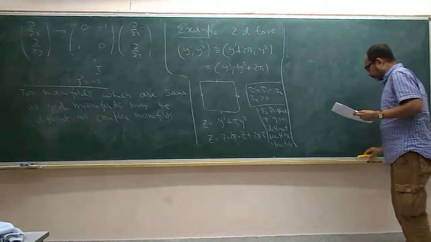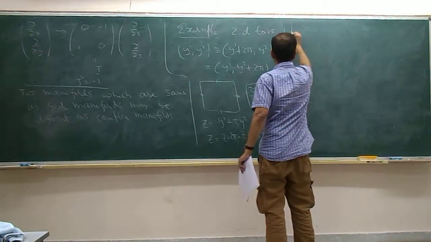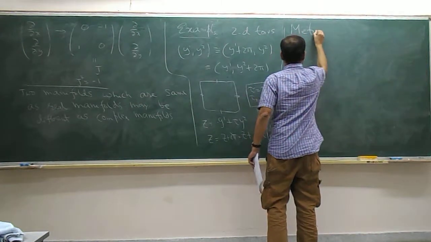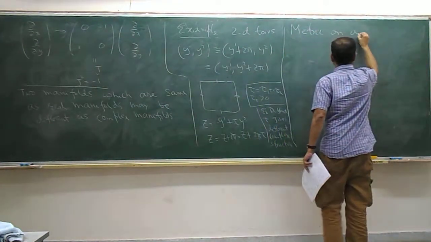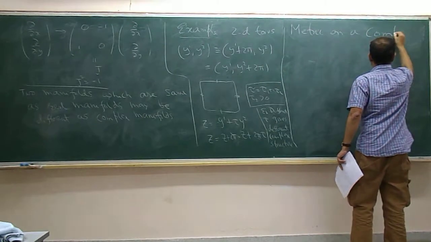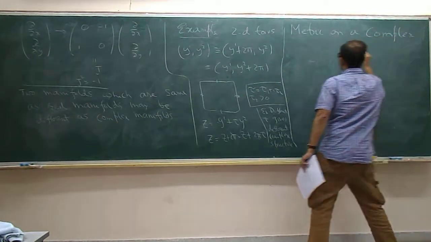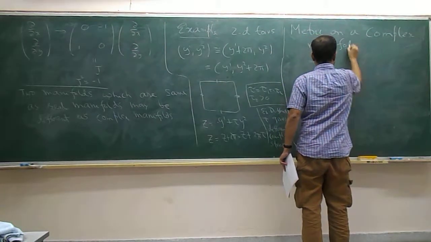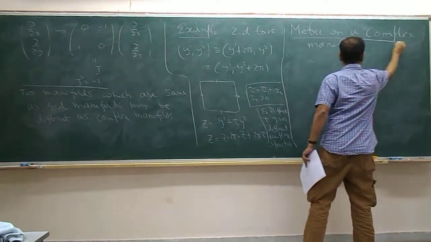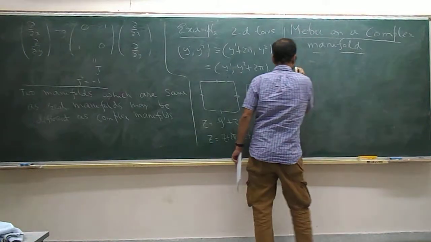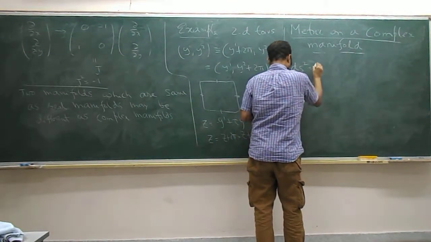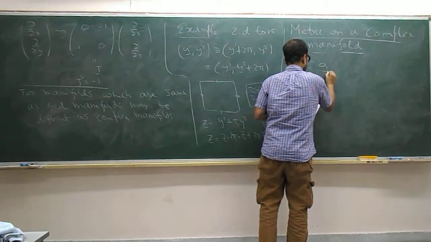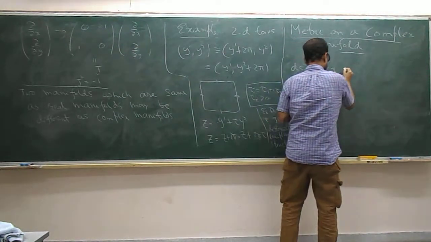Okay, so now let me talk about metric on a complex manifold. The general form of the metric without any restriction has the following structure.